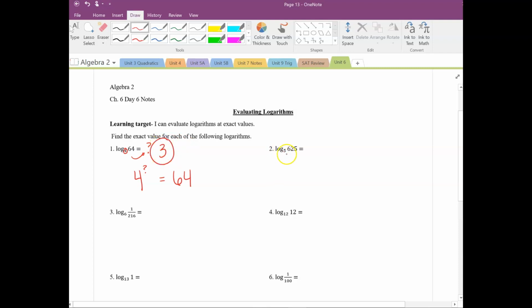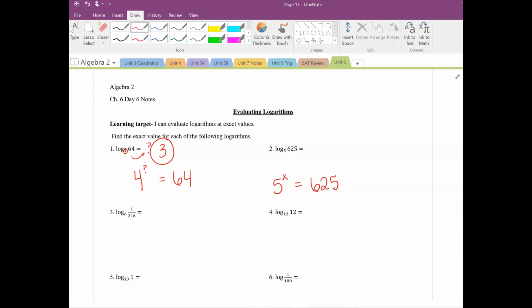Okay, let's try this again. Log base 5 of 625 is equal to what? All right, so I'm doing 5 to what power? I'm going to start representing that with a variable instead of just a question mark. So 5 to what power will give me 625? This one's a little bit bigger, so if you need to grab your calculator, totally okay.